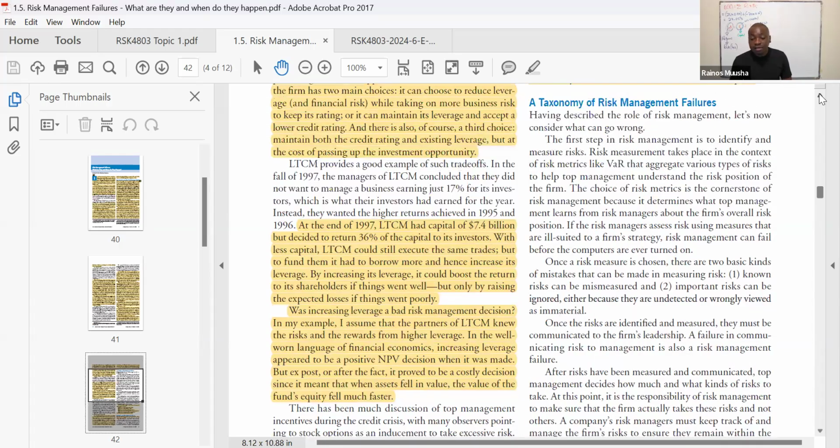We continue with the core concepts that we have been looking at in units 1.1 to 1.5, where we look at risk management failures to say, given these case studies, how are we able to say, yes, here risk management did indeed fail? So that's what we're going to be looking at after we take a short break. We're resuming at 9:50.